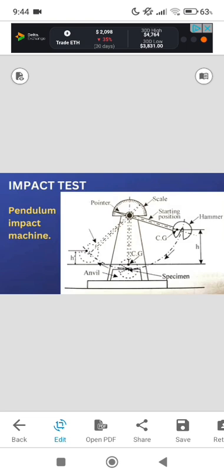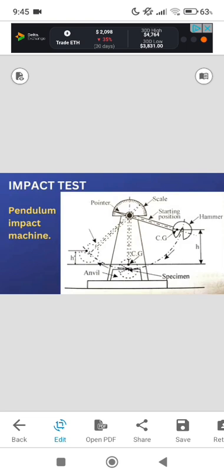The hammer is placed at the end of the pendulum. Under the machine, an anvil is there. The specimen is placed on the anvil. The scale is attached to the top of the pointer. Energy markings are there on the scale. The required energy is directly read using this scale.